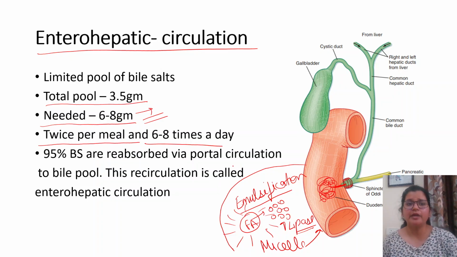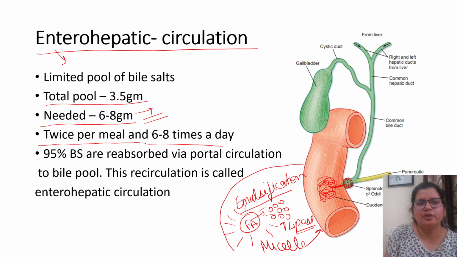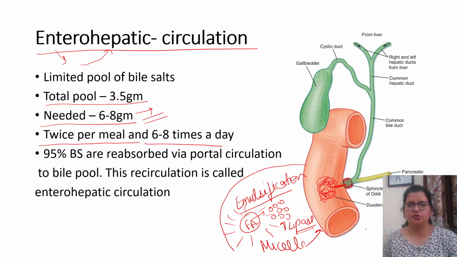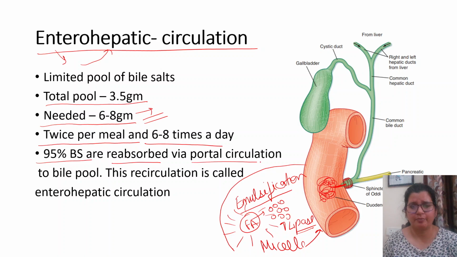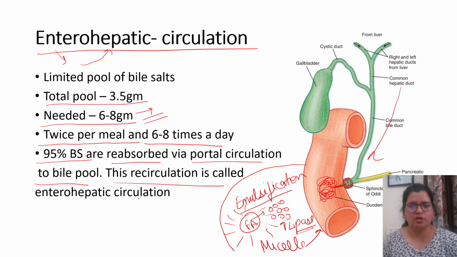As the name shows, enterohepatic means the bile from the intestine goes back into the liver, to recirculate. So 95% of bile salts are reabsorbed via portal circulation to the bile pool and again secreted via this whole passageway, and this recirculation is called enterohepatic circulation.